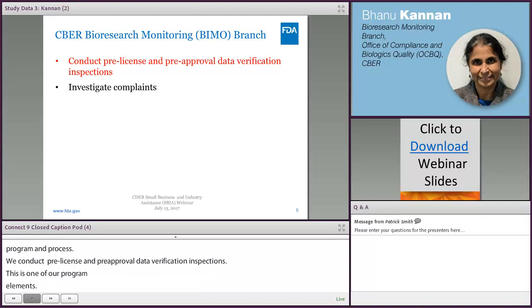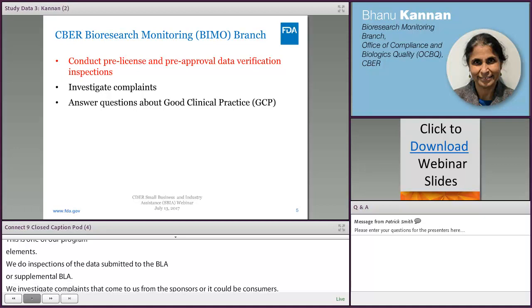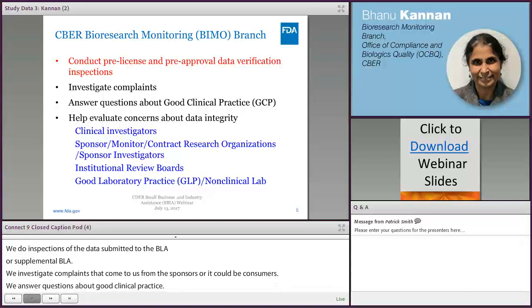Then we also investigate complaints that come to us from the sponsors, or sometimes it could be consumers or clinical investigators. We also answer questions about good clinical practice, GCP. And we help evaluate concerns about data integrity, namely the entities that we inspect.